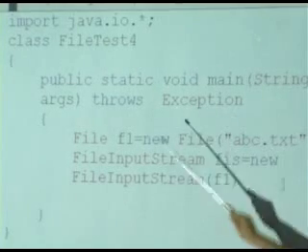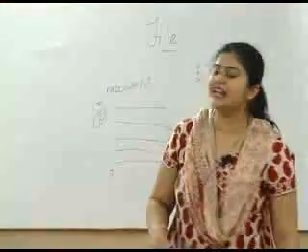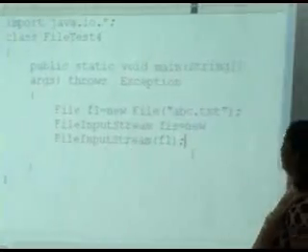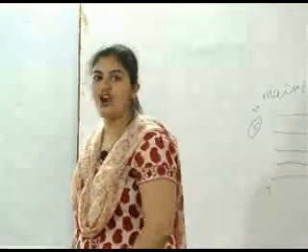I am creating a file input stream in order to read the file, and the name of the file is abc.txt. This is what I am telling on line number 7. And now I am going to read from that particular file. I am going to say fis.read.